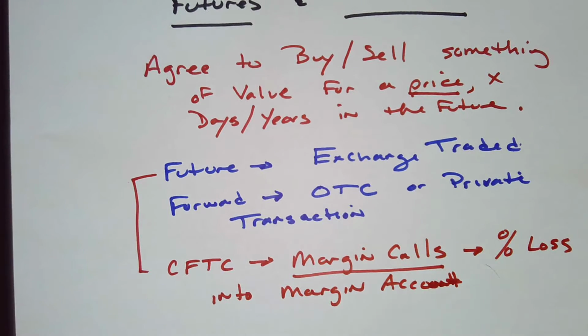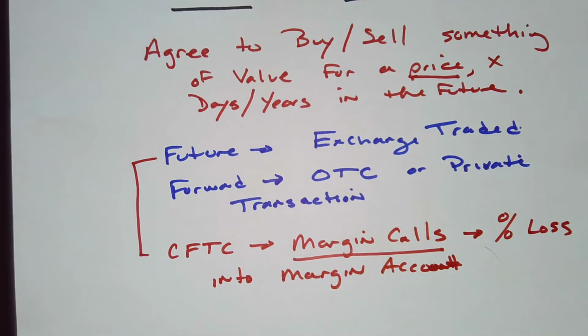So there is cash in this marketplace, so that if anyone in the futures market fails or goes bankrupt, there's at least some liquidity in the market to protect people on the other side of the transaction.